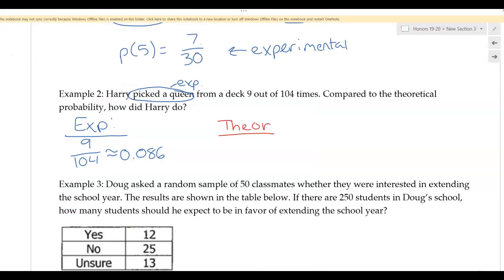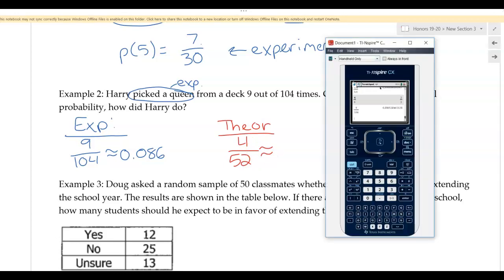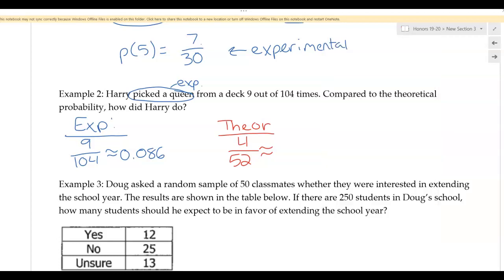So theoretically, you would pick a queen, there are 4 chances for a queen out of 52 cards in a deck. 4 divided by 52 is 0.076.